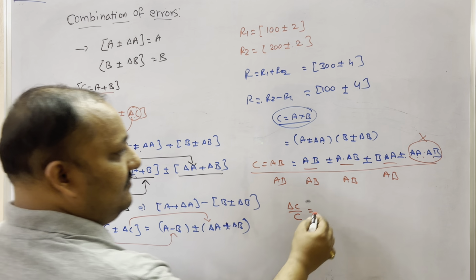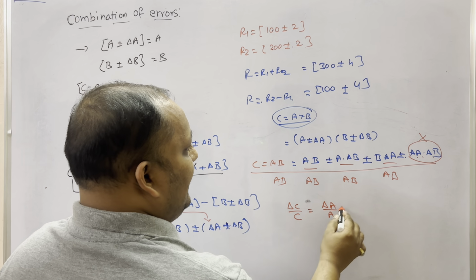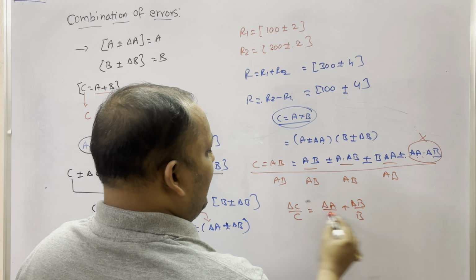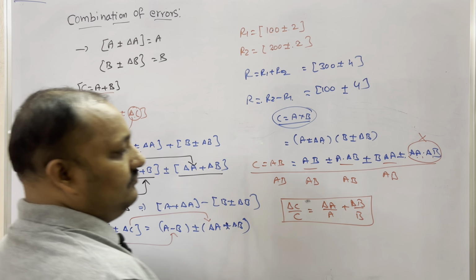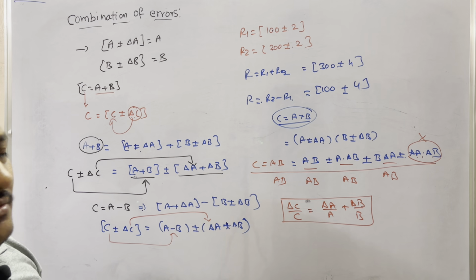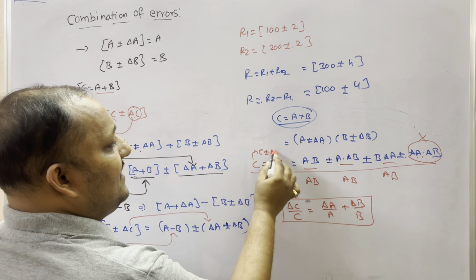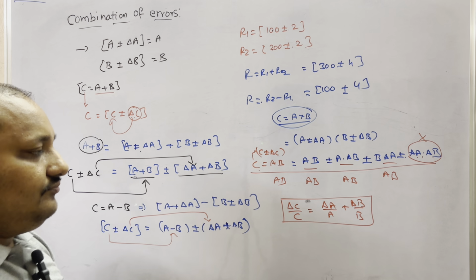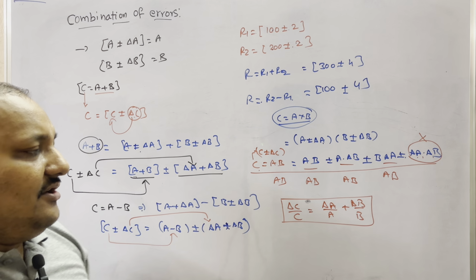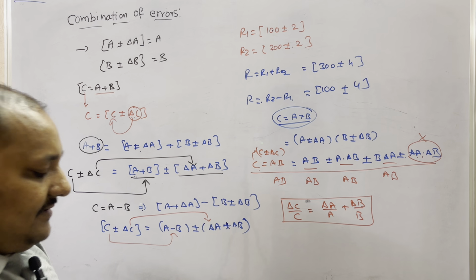Delta C by C, we will write as delta A by A plus delta B by B. So this is going to be C. How will we write C? C plus or minus delta C. So finally we are going to get it like this.